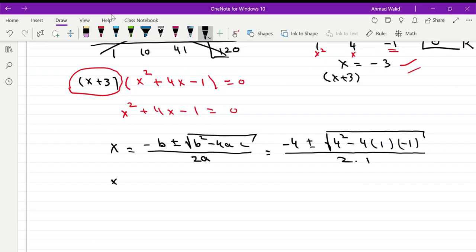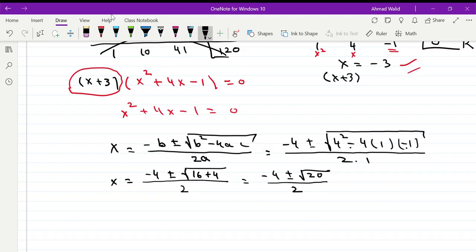Which you can say x equals negative 4 plus minus square root of 4 squared gives you 16. Negative times negative gives you positive. 4 times 1 gives you 4. It means 16 plus 4 over 2. Which is equal negative 4 plus minus a square root of 20 over what?